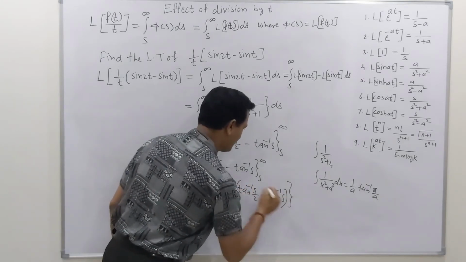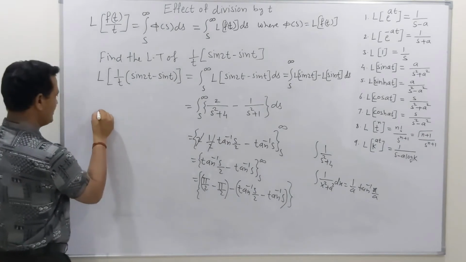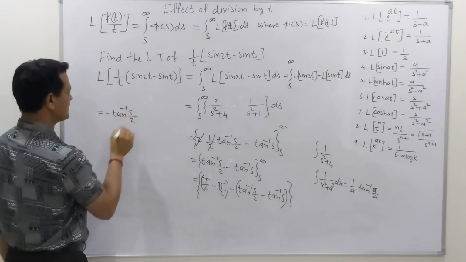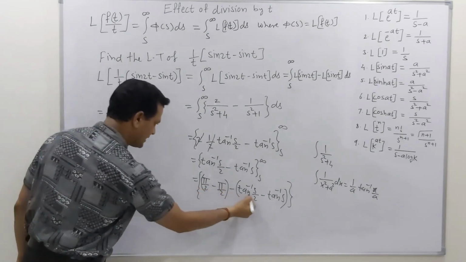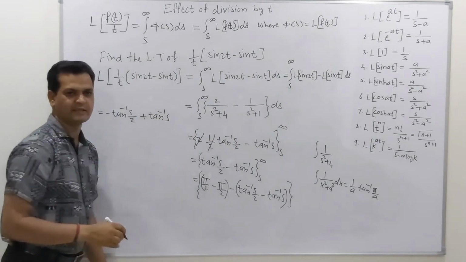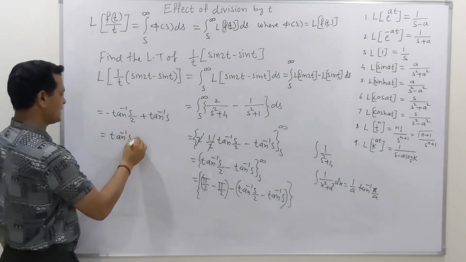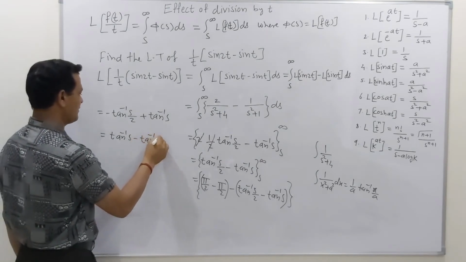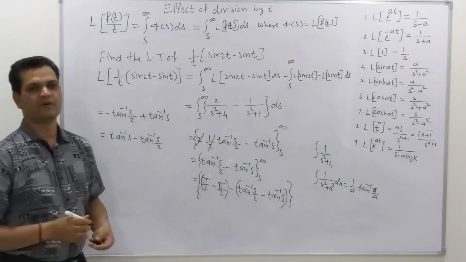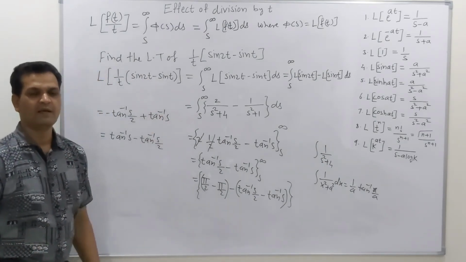Then the minus and plus will get cancelled, so finally we reach the answer, minus tan inverse s by 2, then minus minus becomes plus tan inverse s, or for simplicity we can write this as tan inverse s minus tan inverse s by 2. So this is one of the simple examples for learning the property which is called the effect of division by t property.